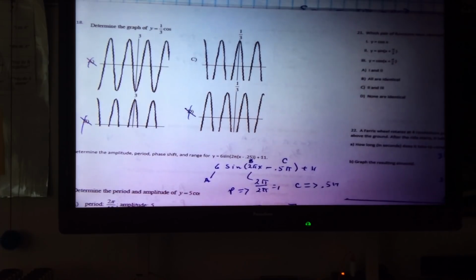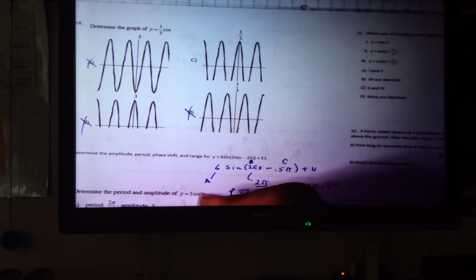Now for number 20, we're missing something. Did you put that on your paper? So for this one, it's 5 cosine of x over 13 plus pi over 5.